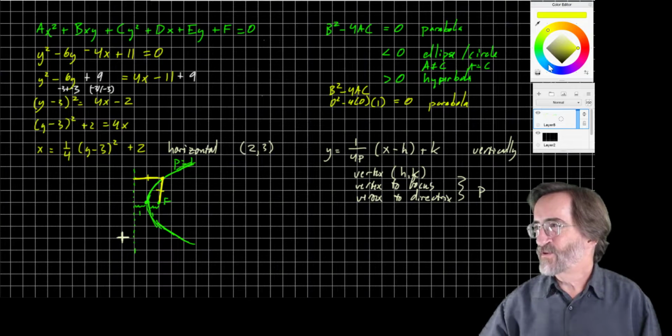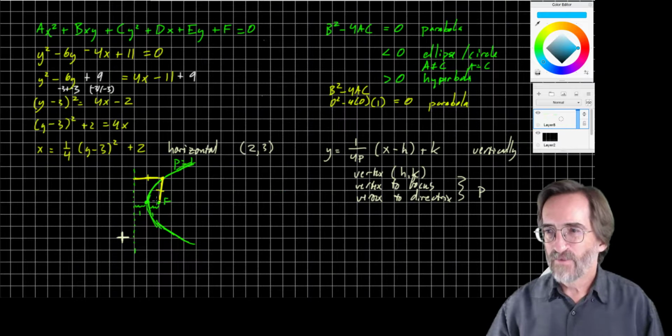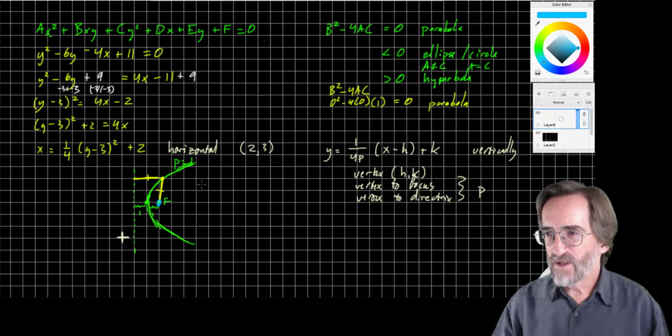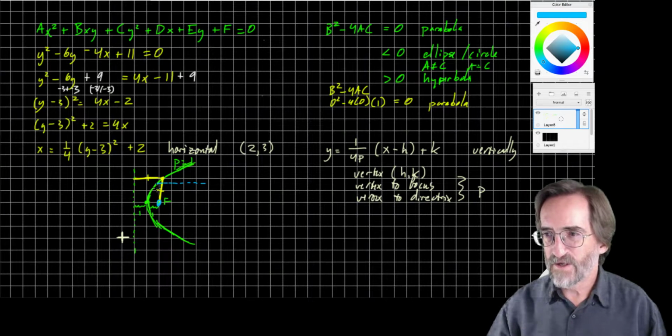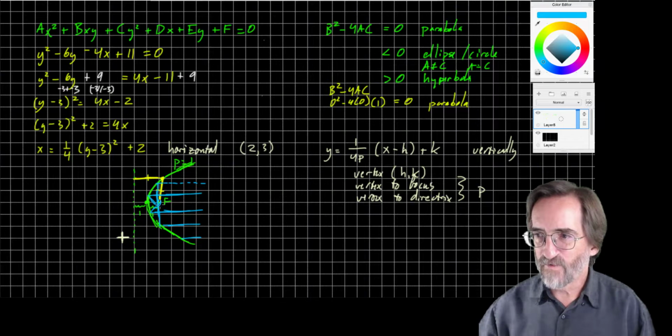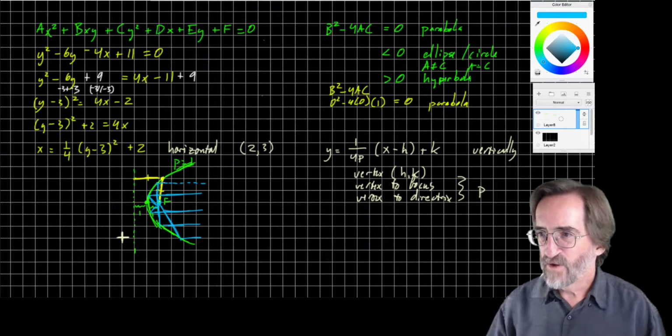Now, some interesting properties of a parabola. If I have parallel lines coming in and reflect off the edge here, all the lines of reflection will be directed to the focus. And hence you see parabolic reflection dishes used in satellite dishes, and used on the sidelines of football games.